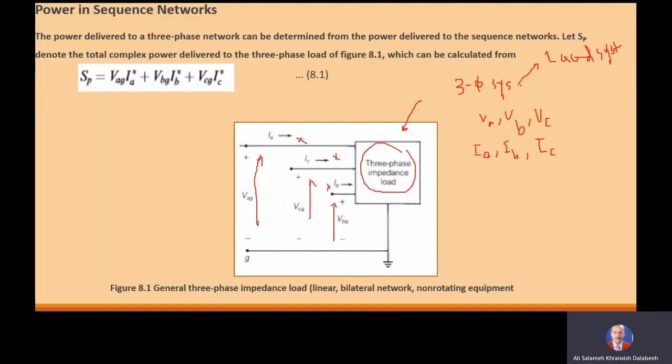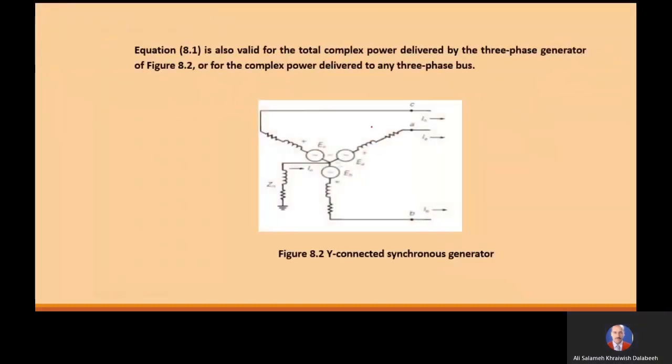Also, the three-phase system may be a generation system, like this system. This is a generator delivering power.